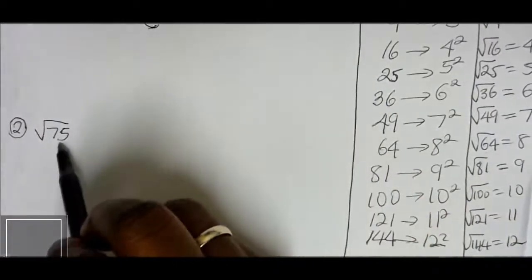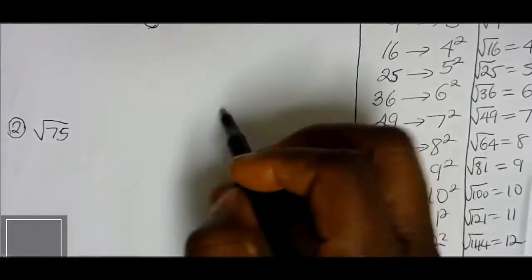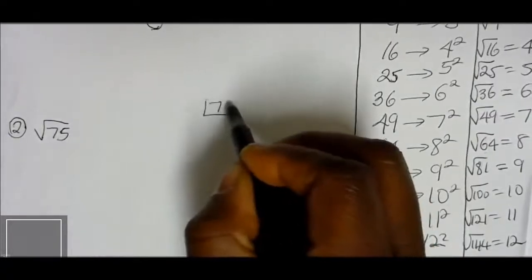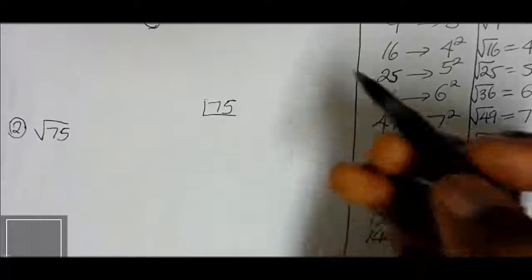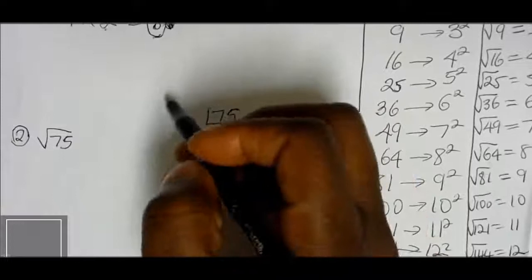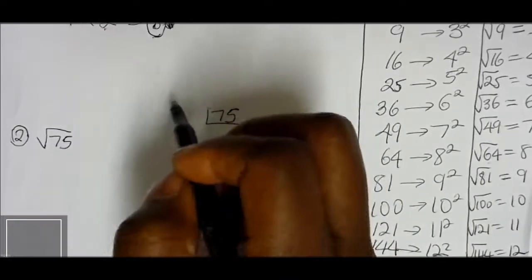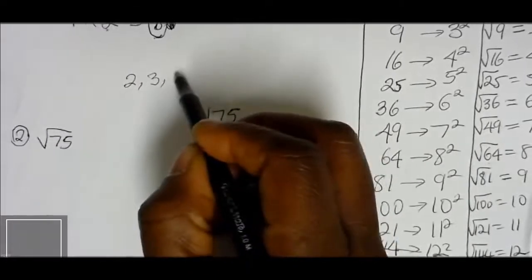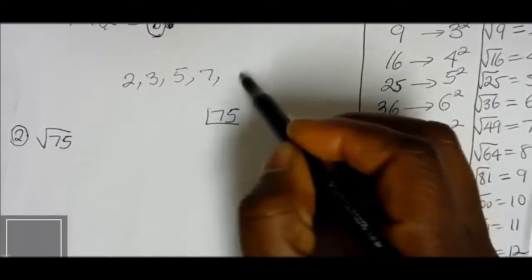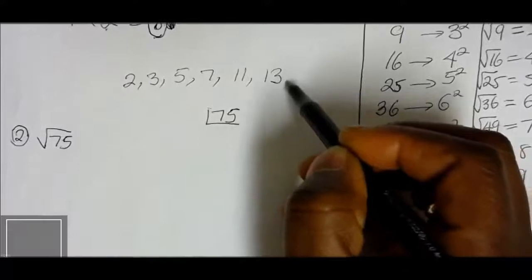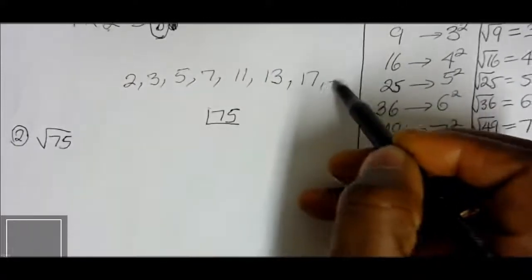But another way to do it would be taking the prime factorization of 75. That gives it to us right away. Prime numbers are numbers that no other number can divide except themselves and 1. So 2 is a prime number, 3, 5, 7, 11, 13, 17, and so forth.